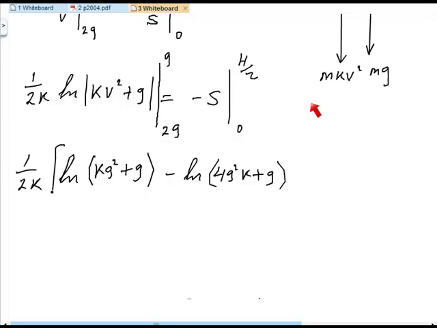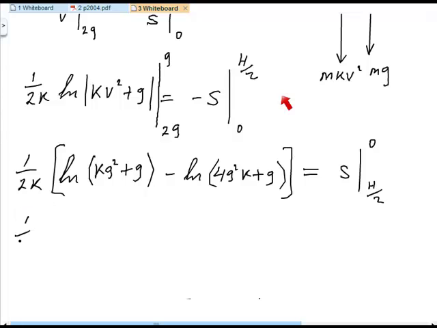And the 1 over 2k is outside the whole lot, so make sure to put a bracket there. Is equal to minus s between 0 and h over 2, and again when there's a minus you can just flip the limits around and you get s between 0 and h over 2.